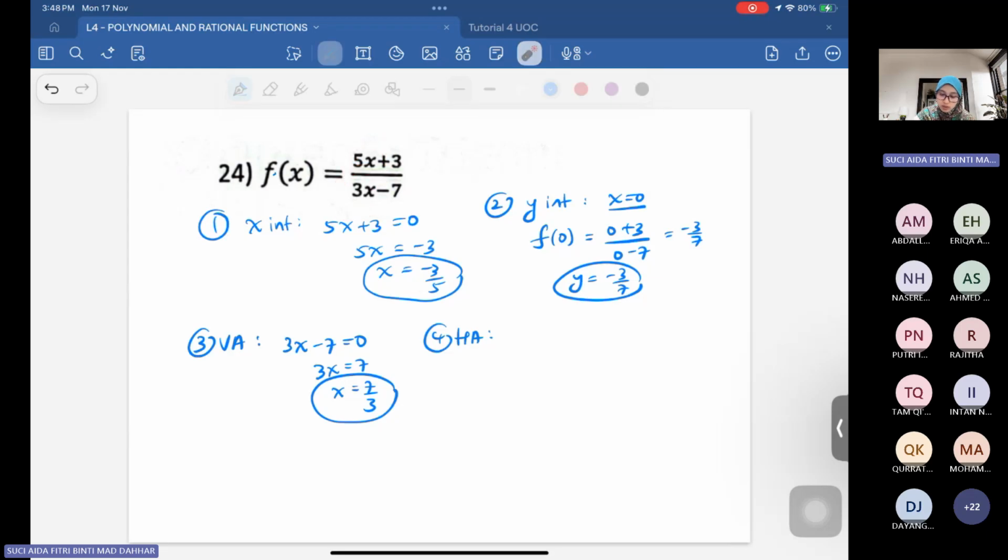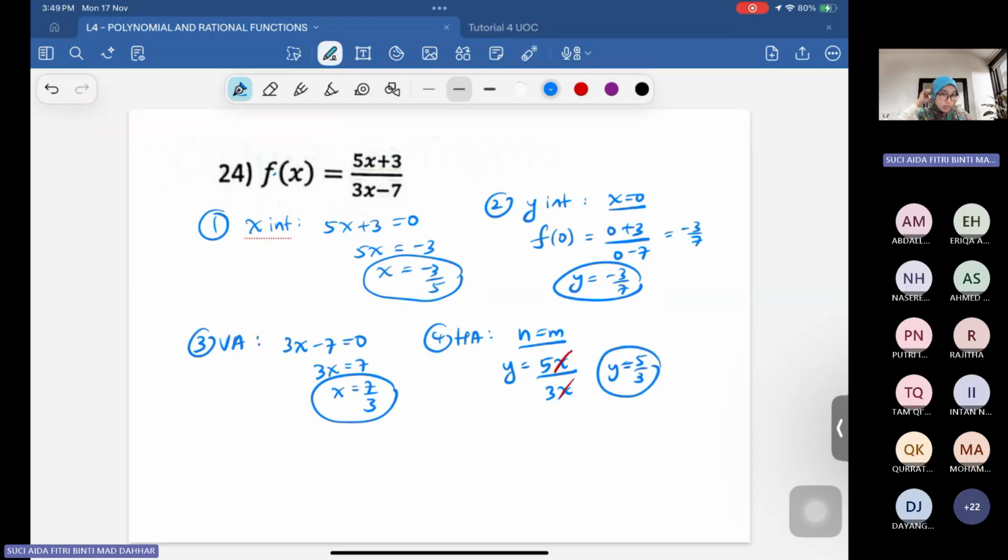They are the same. So when n is equals to m, what we do, we get the y by taking the leader on the top divided by the leader in the bottom. That gives us y equals to 5/3. Okay, so we got one horizontal asymptote as well.